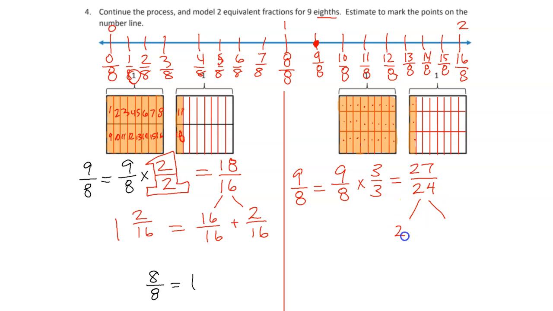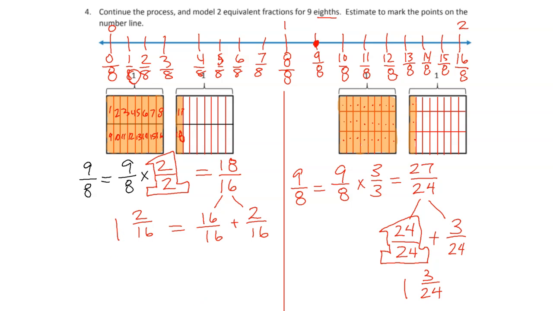So you can see how we got our 27 24ths. It's 24 24ths, which is equal to 1 whole, plus 3 24ths, which is our final answer. Now we got our 2 equal fractions. Of course, this was our answer here.